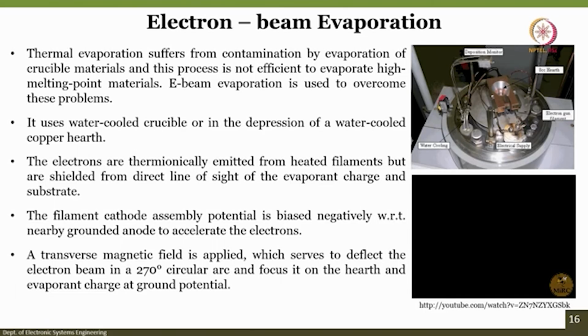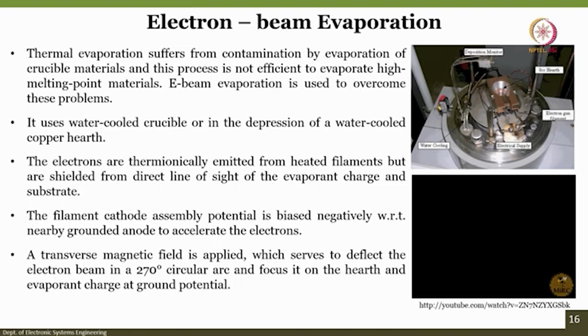So, as we have discussed earlier, e-beam evaporation is a rescue for users who would like to use materials which have extremely high melting points.